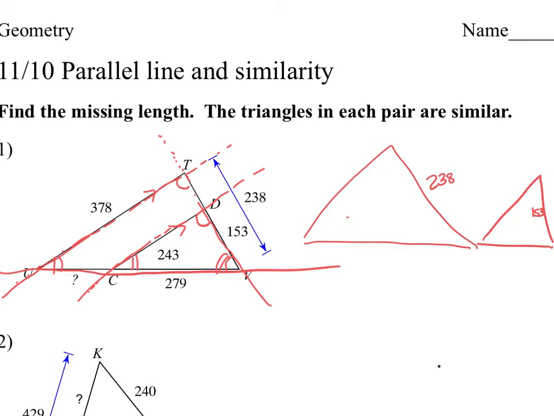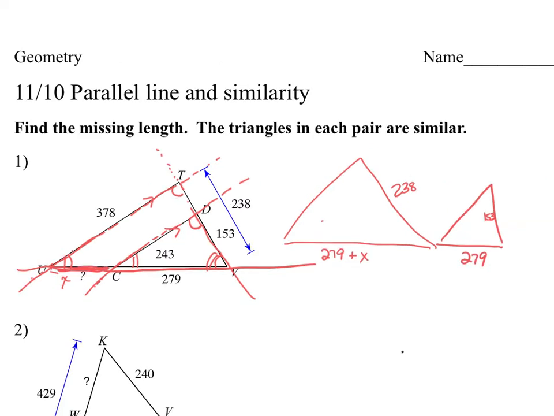So this whole bottom side on the big guy, if we put an X here, this is the hard part, 279 plus X. Yeah. And this other bottom side is 279. So we have 238, the first guy, this is your first guy, 238 and 279 plus X is the first guy, right? Yeah.